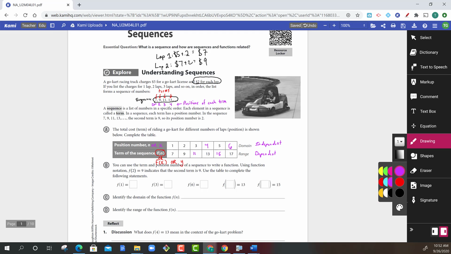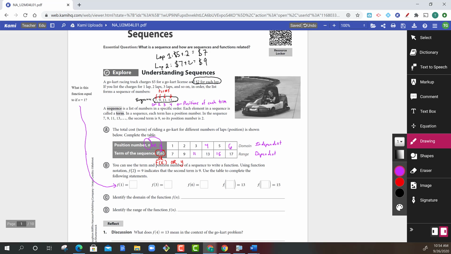So there's some instructions below. You can read those, but basically we want to figure out, what does f of 1 mean for this problem? Or what does the function at a value of 1 mean? To be technical, it's asking: what is this function equal to if n equals 1?